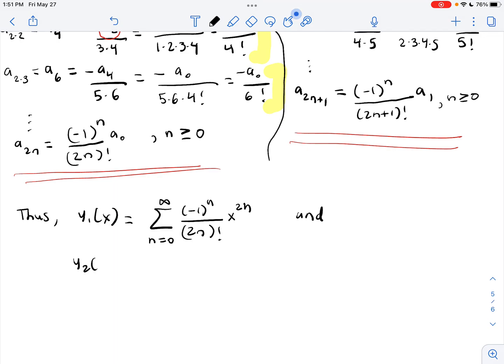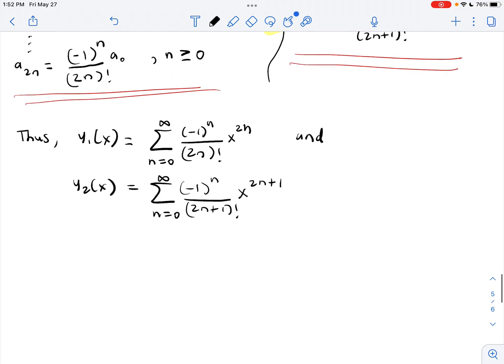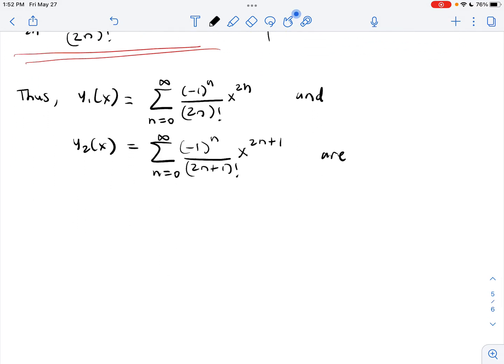And y2 of x is equal to the sum of terms with two n plus 1 factorial and x to the 2n plus 1. These are two linearly independent solutions.